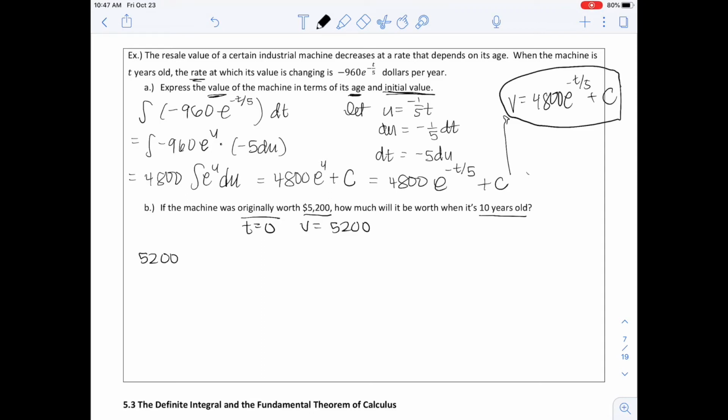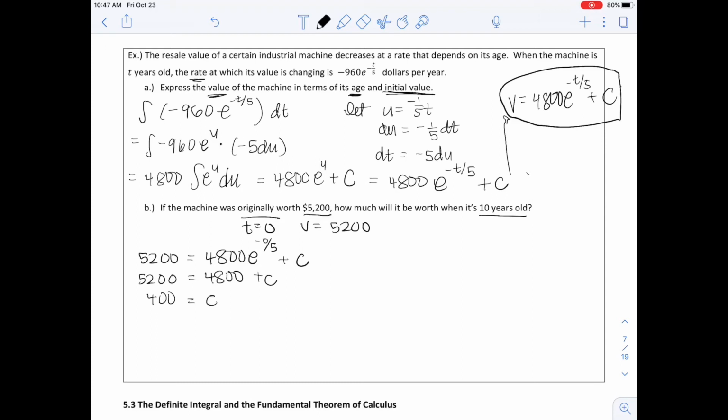Substituting this into my equation, e to the negative 0 over 5 plus c, I'm able to figure out that fixed amount. e to the 0 is just 1. So we have $5,200 equals 4,800 plus c, and so c is going to be 400.